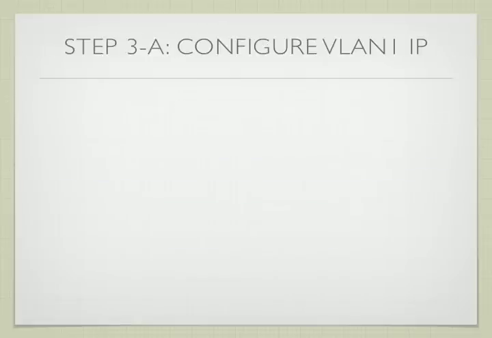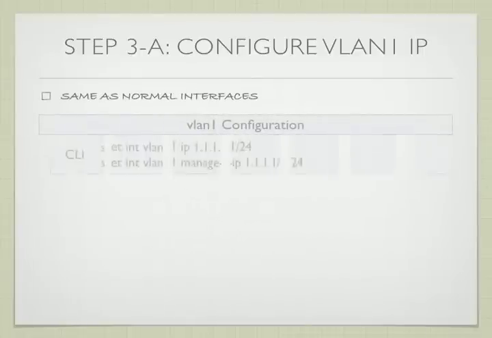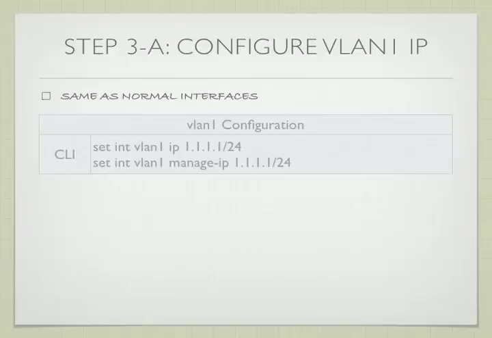Step 3, we need to start configuring our VLAN 1 interface for management. This is configured like any other interface. So we're going to use the set interface command, name the interface VLAN 1, assign the IP address 1.1.1.1/24, and assign the manage IP to also be 1.1.1.1/24.